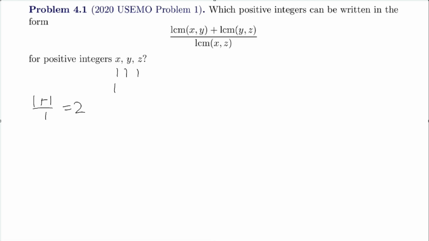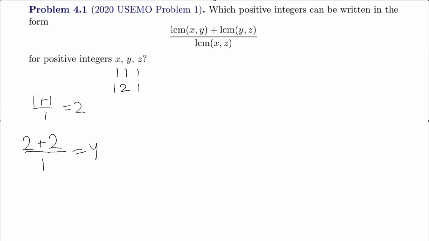So we might get better luck if we let this one be 2 instead, because it seemed like the issue here was that we had the 2 down here. If we could make this number down here equal to 1, then we'd be fine. So in this case, we get LCM of 1 and 2, which is 2, plus LCM of 2 and 1, which is 2, all over LCM of 1 and 1, which is 1, which is 4.